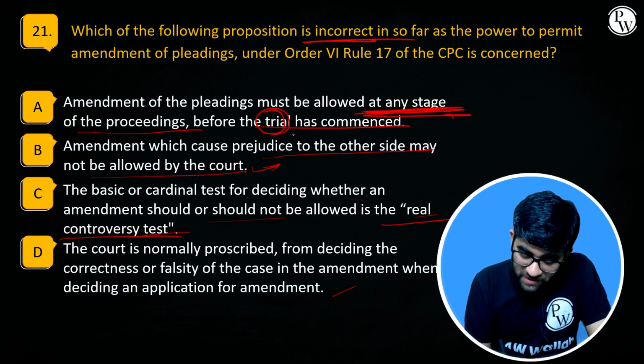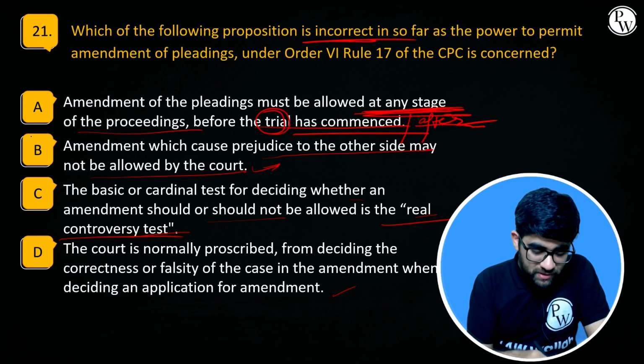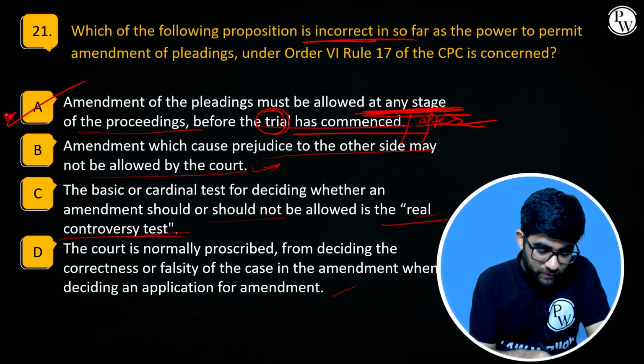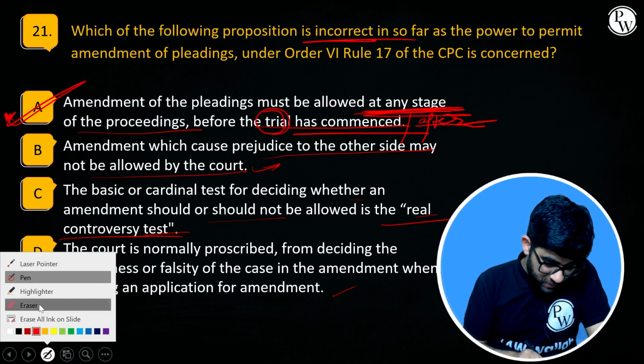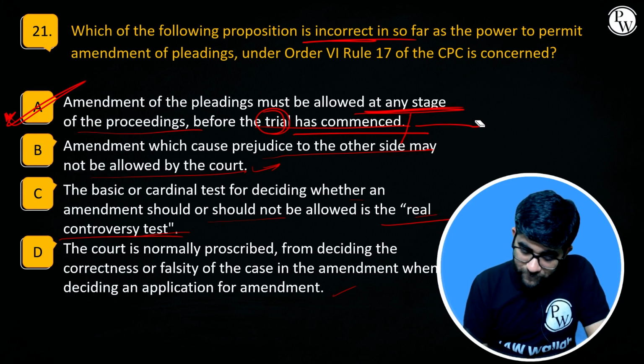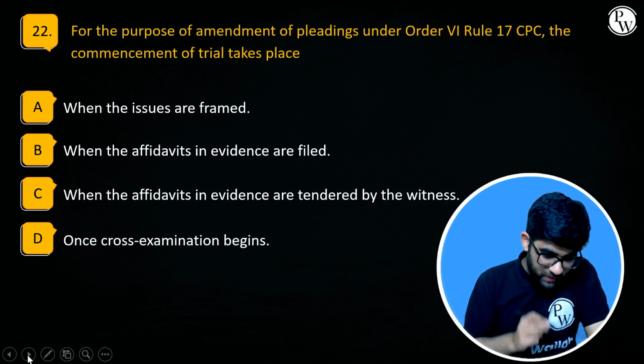So trial has commenced, or after also it can be. So the answer to this is A. Answer to this is A only, because, right. So next shall be 22nd.